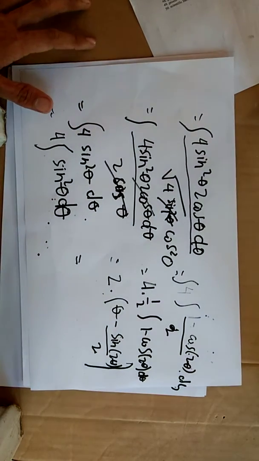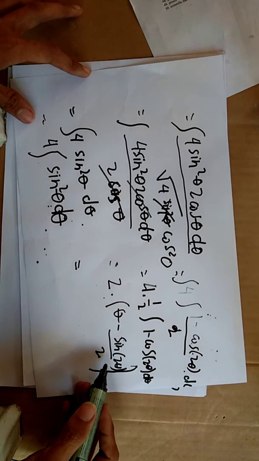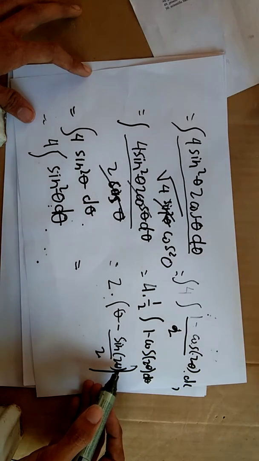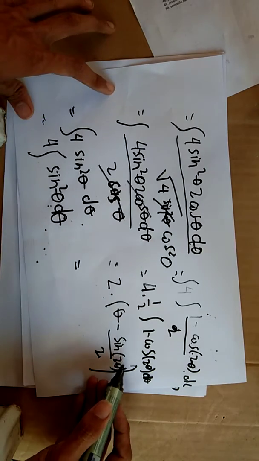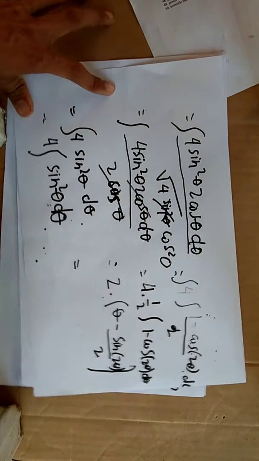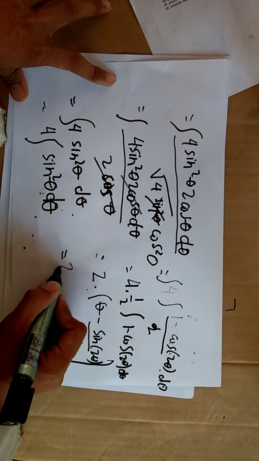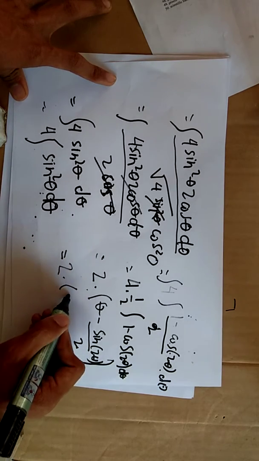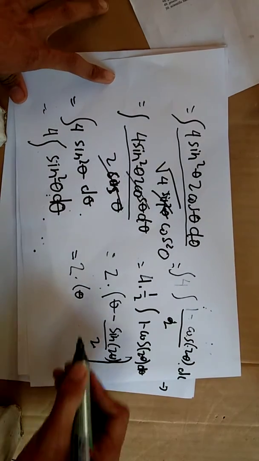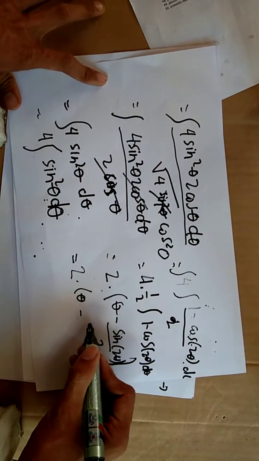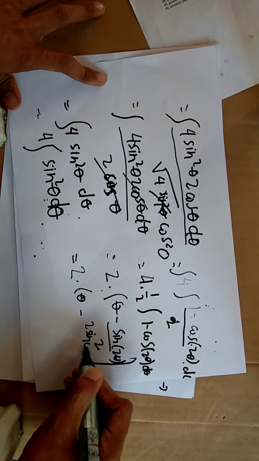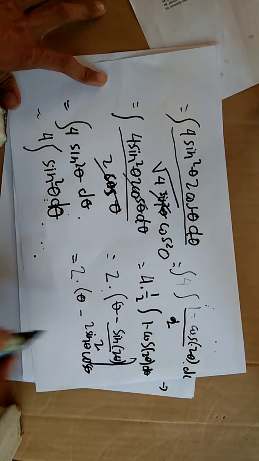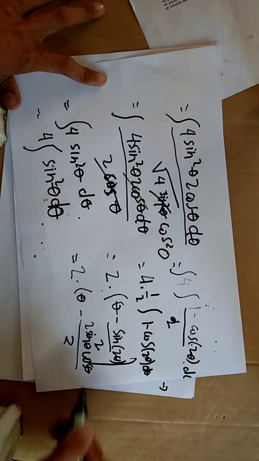Then next we will use the double angle identity of sine 2 theta. Then our equation will be 2 times the quantity of theta minus 2 sine theta cos theta over 2, plus c.